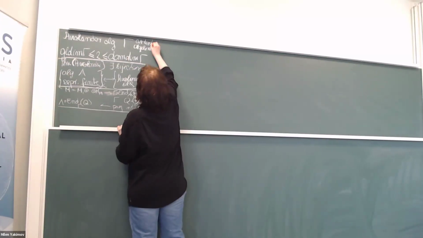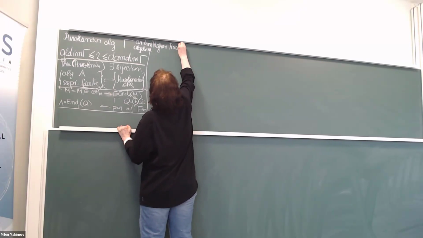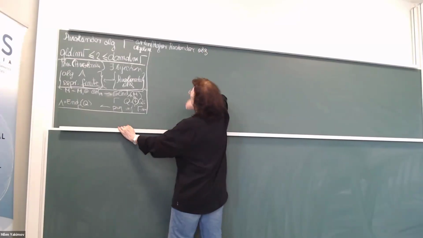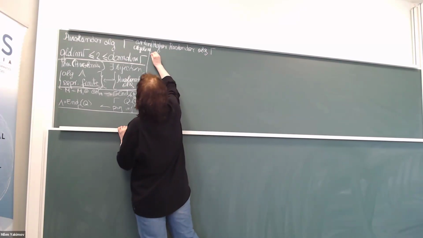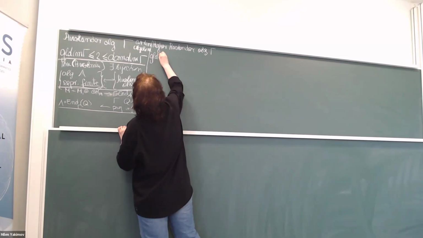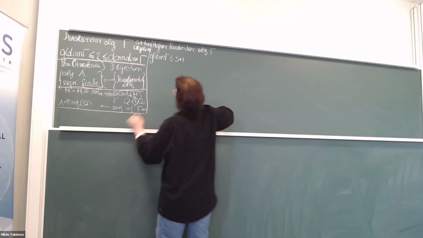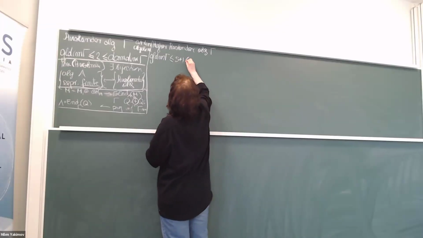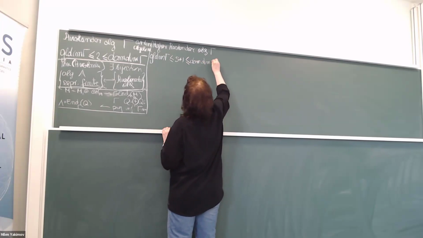Then Iyama defined higher Auslander algebras. Gamma is an algebra such that the global dimension of Gamma is less than or equal to n plus 1, and the dominant dimension of Gamma is greater than or equal to it.